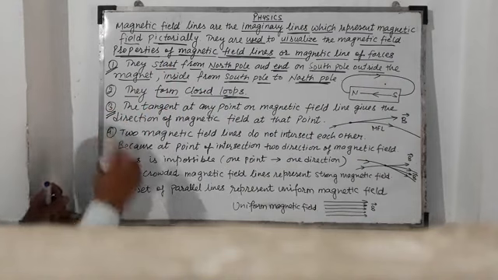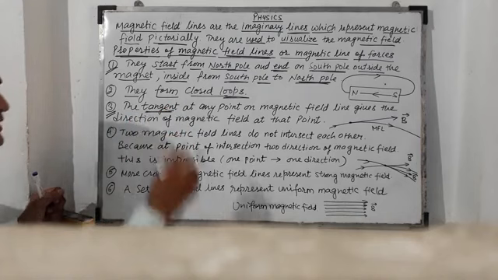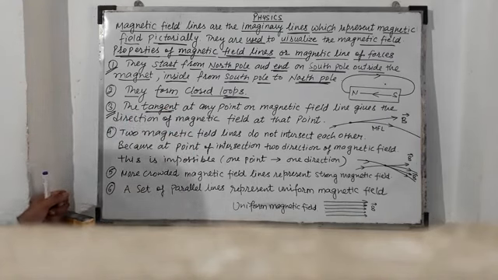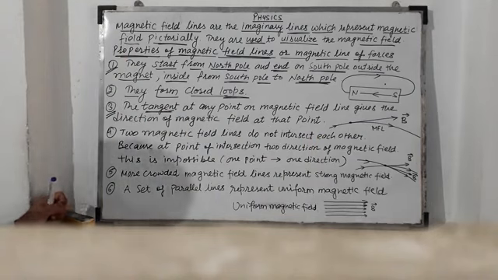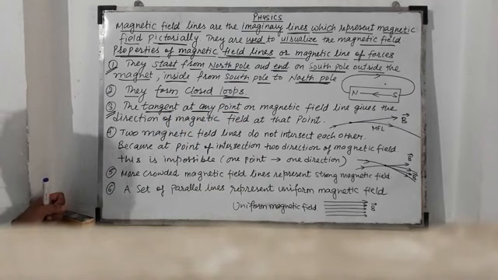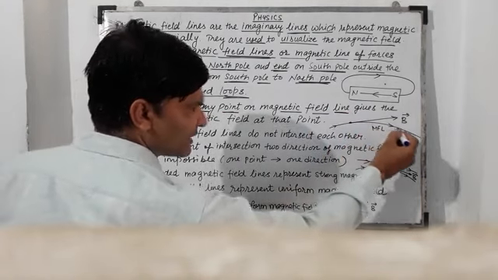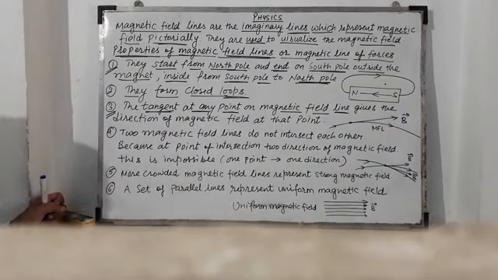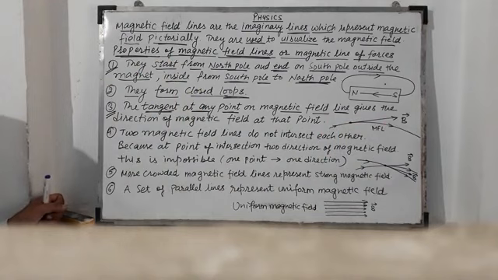Now the third property of magnetic field lines is the tangent. A tangent is a line that intersects at one point. The tangent at any point on a magnetic field line, this is a magnetic field line and this arrow is the tangent.